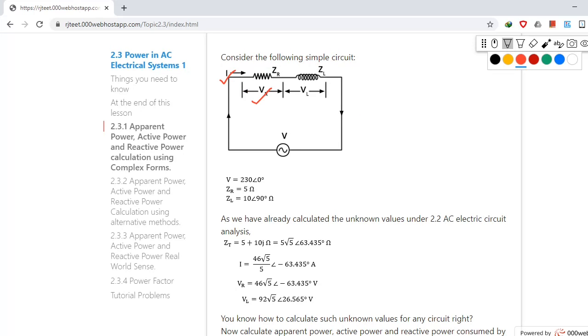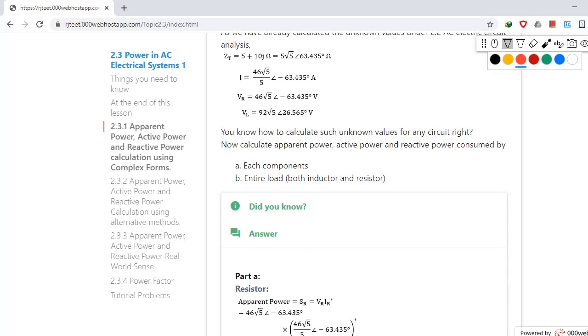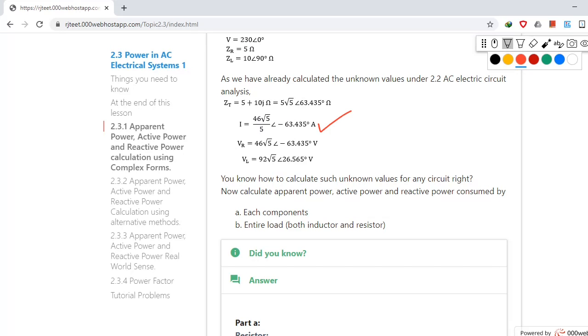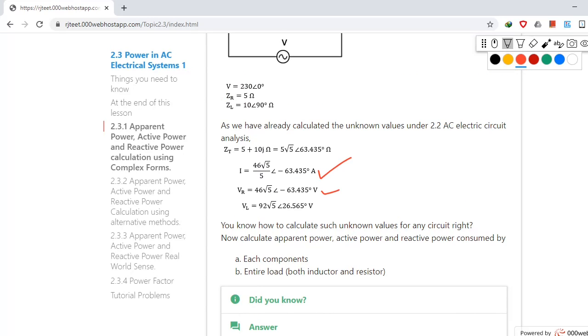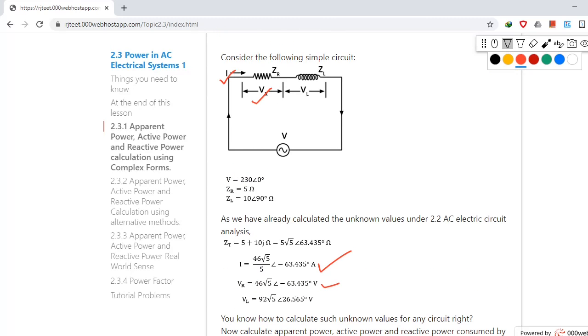These two things we need to know, and fortunately we have already calculated them from the previous section, and you should be able to calculate such things by analyzing the circuit by now. And if you still don't know, I highly recommend you to go through the previous section, which is section 2.2, electric circuit analysis, and that is something where you should master your skill before coming to the power in AC systems.